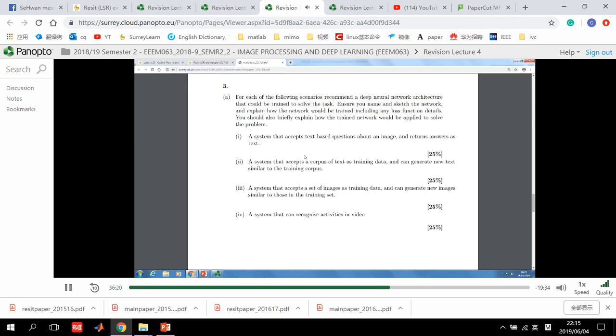So the question's multimodal. So in order to train this system then, what you need are triplets of information effectively. You need an image, a question about the image, and the correct answer to that image, which had just been collected via crowdsourcing. You push the image and the question sentence through this network, which gives you an output.